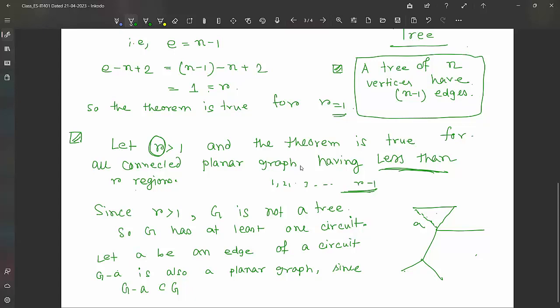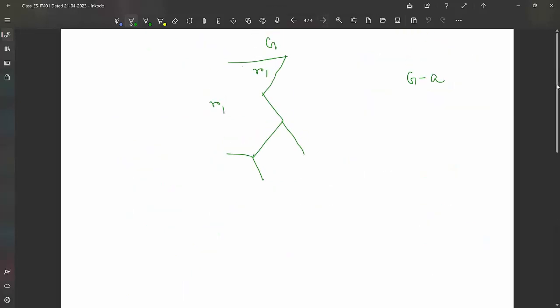It is our aim that we want to reduce the regions by 1. Suppose in your actual graph there are so many connections, and you can see this is R1, this is R2, this is R3, this is R4 and outside of this is R5.